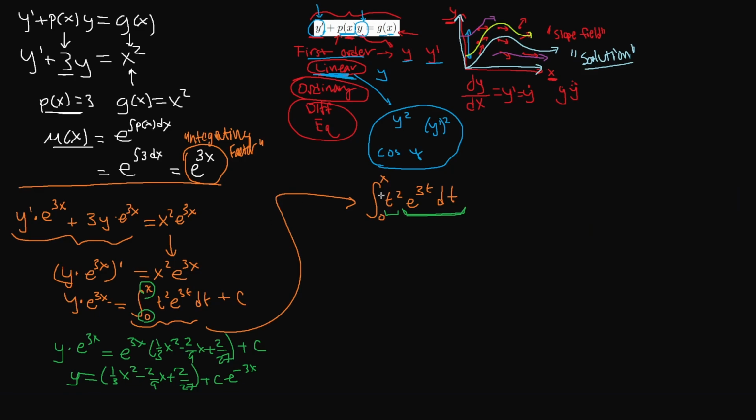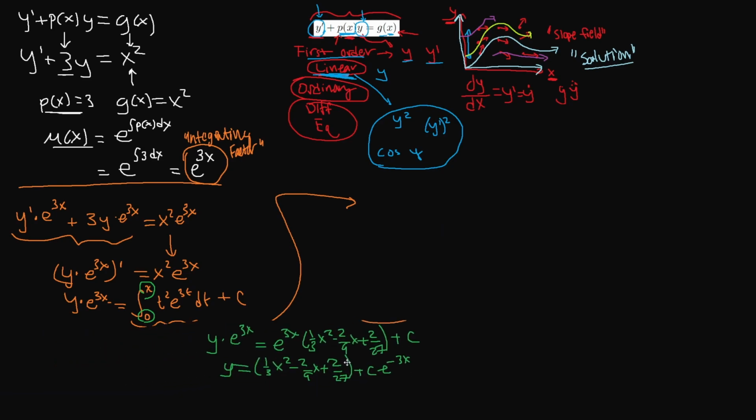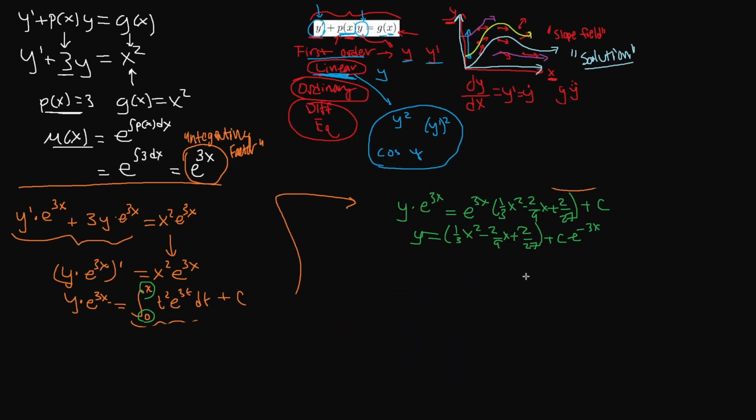So we can remove all this stuff, get rid of all that, and put this over here. So the final answer, y equals, and can we make this nicer? Probably. Let's see.